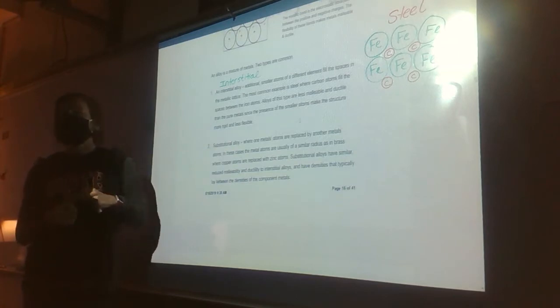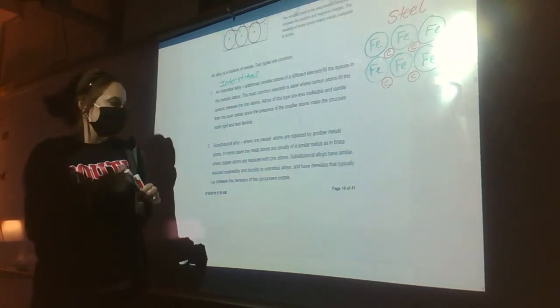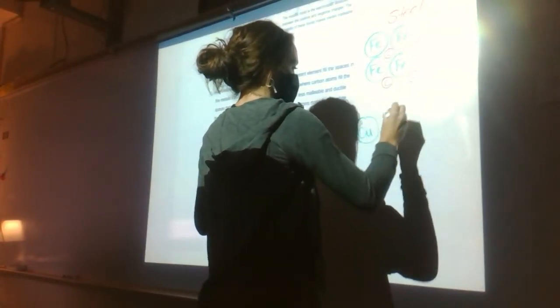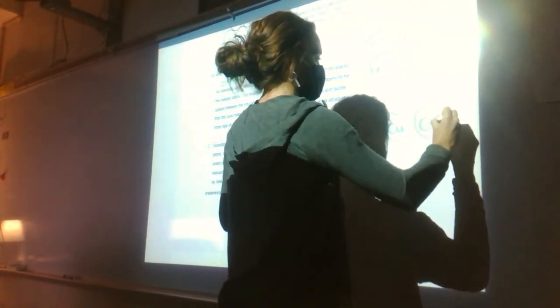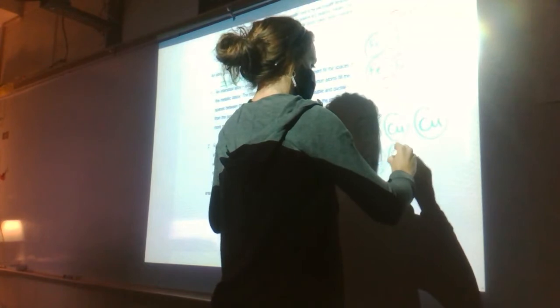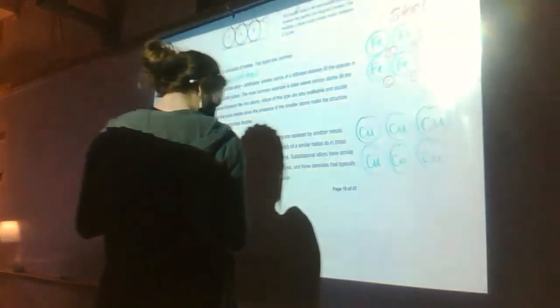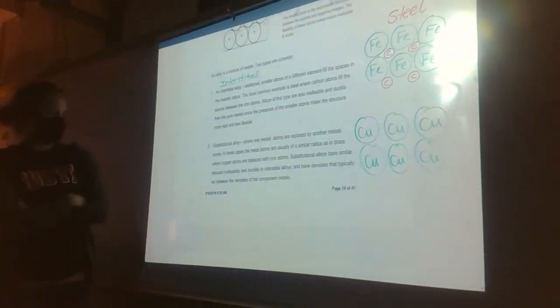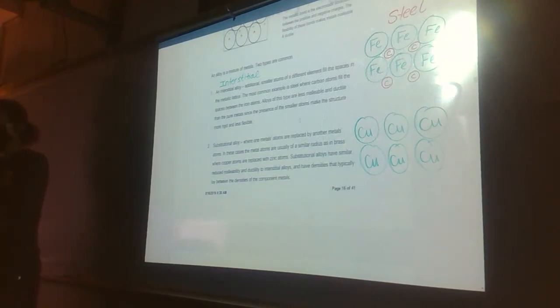The other type of alloy is called substitutional alloy. In substitutional alloys, you take one metal and you replace some of those metal atoms with another metal that's a similar size.